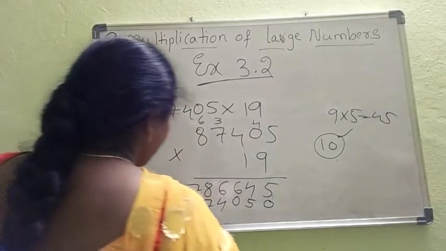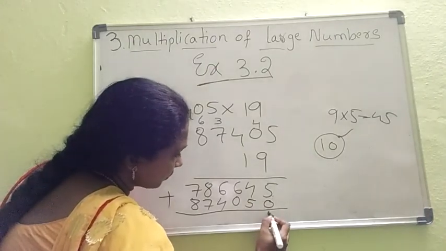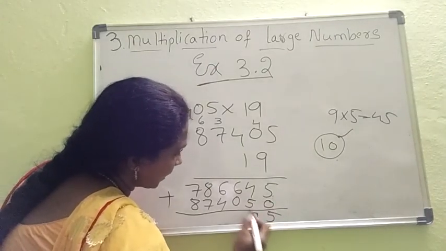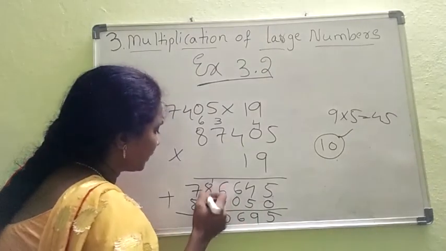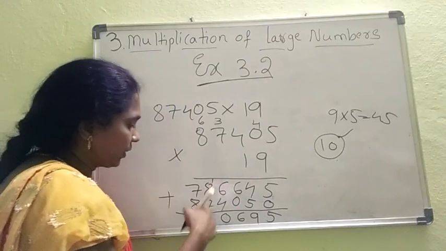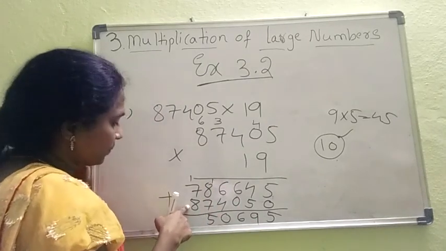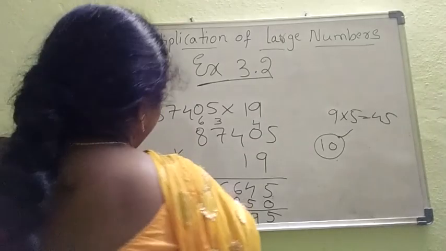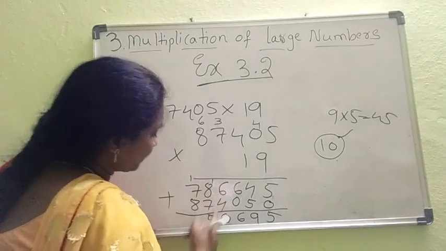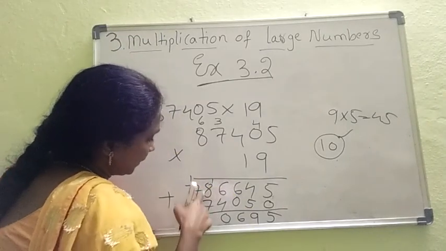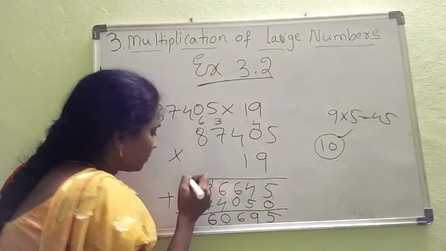Okay. Next step is you need to add: 0 plus 5, 5, 4 plus 5, 9, 6 plus 0, 6, 4 plus 6, 10, 0 here, 1 carry. 8 plus 7, 15, 15 plus 1 carry, that is 16. 6 here, 1 should be the carry.